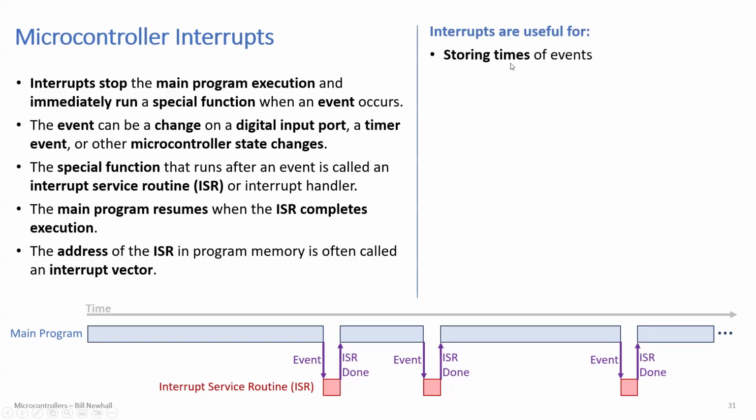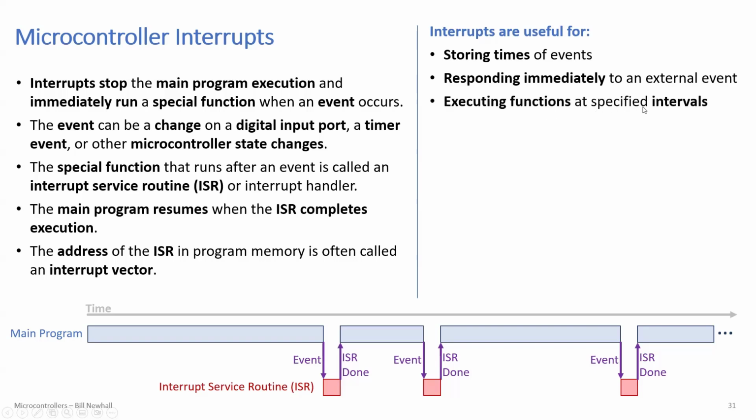You can capture that counter if a timer's running in the background. Or you can respond immediately to an external event. Let's suppose you've just detected something from an accelerometer and you have to fire an airbag. Or you can execute functions at specific intervals based on the timer peripheral, based on the counter.